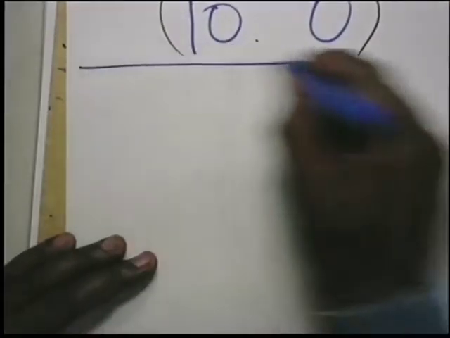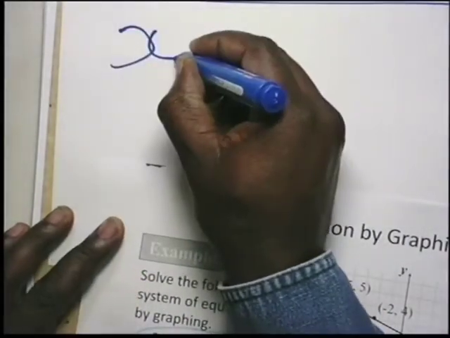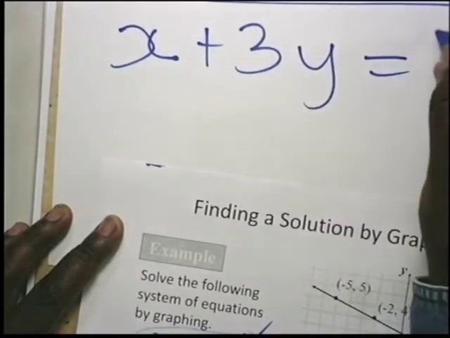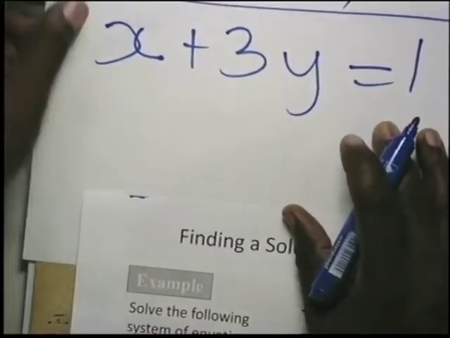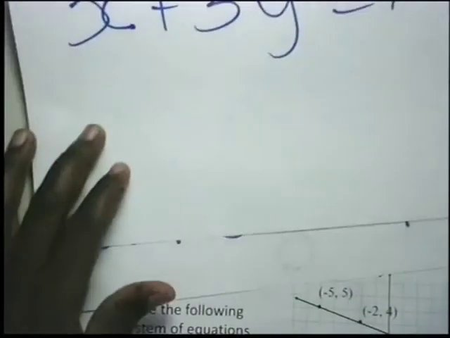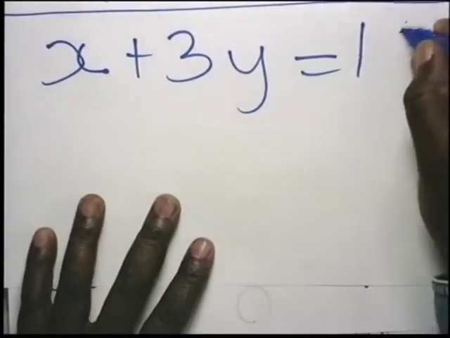Let me cancel there. So I'll rewrite the equation again as x plus 3y is equal to 10. Hope people are able to see.